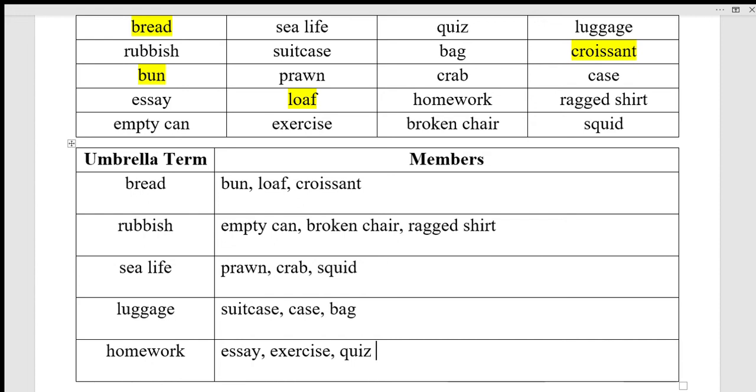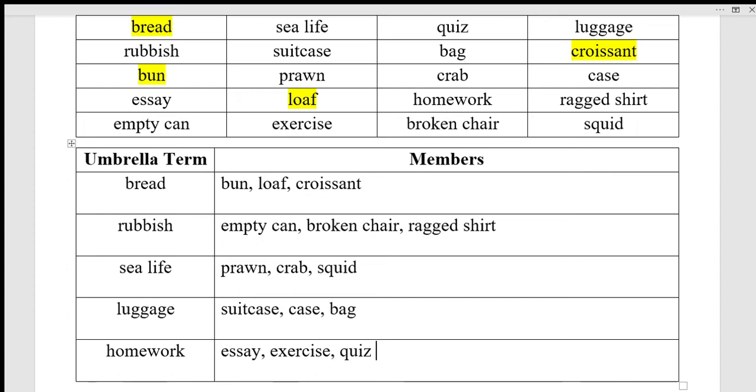Now we have already learned the difference between umbrella terms and members. What is the main difference? Apakah perbezaan yang utama di antara umbrella term and members? The main difference, perbezaan yang utama adalah umbrella term tak boleh dikira.